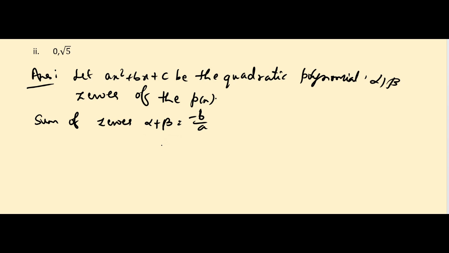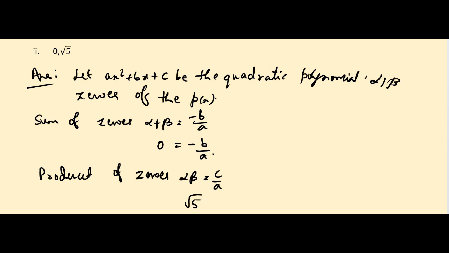Alpha plus beta they have given, that is 0, is equal to minus b by a. Then they have given the product of zeros. Alpha into beta is equal to c by a. Alpha into beta also they have given, that is root 5. Root 5 is equal to c by a.